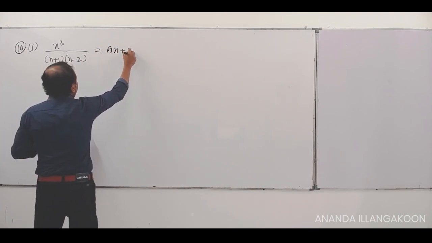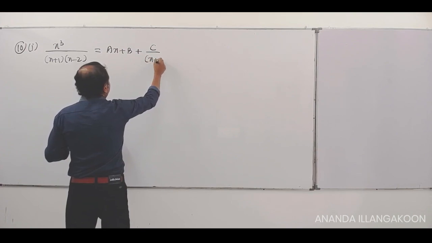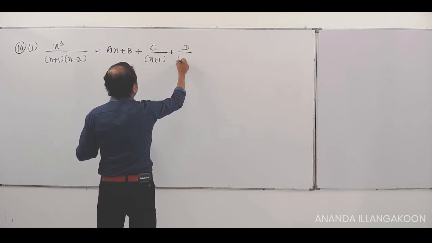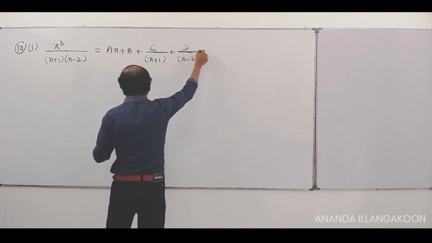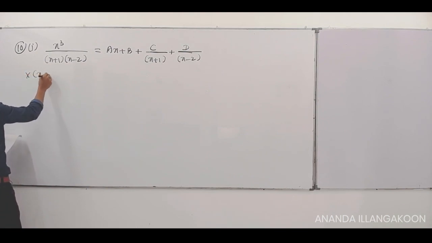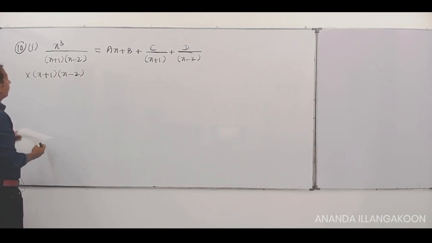Plus C over x plus 1, plus d over x minus 2. This way. Now multiply both sides by this.